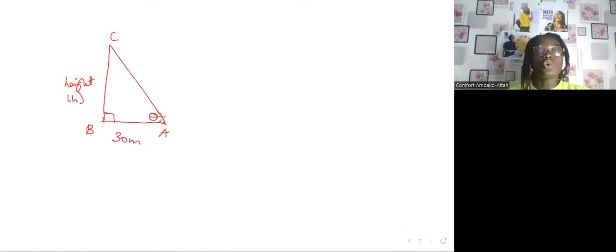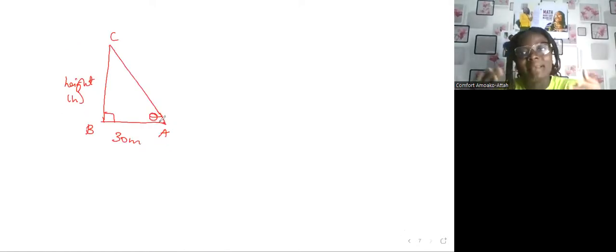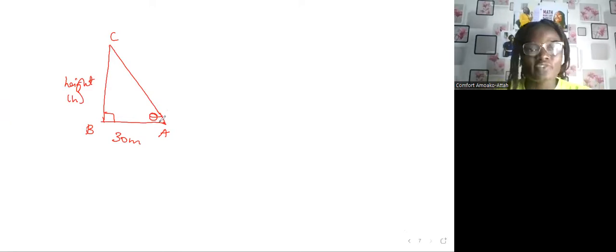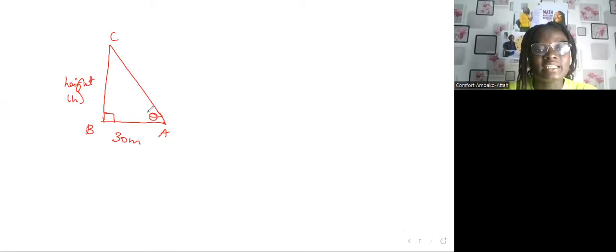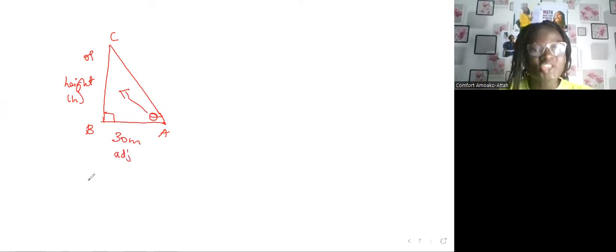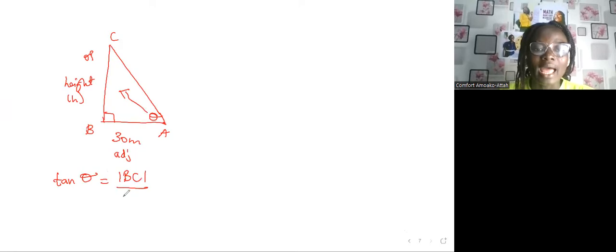Okay. So which of the three ratios can we apply to find the height of the tree? We can apply the tan because this angle theta is directly opposite to this side and adjacent to this side. So this is equation 2: tan theta is equal to line BC over line BA.